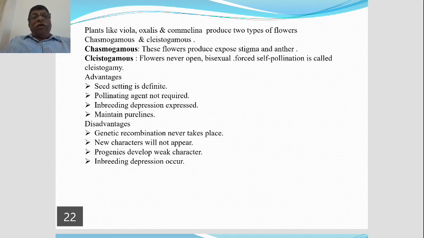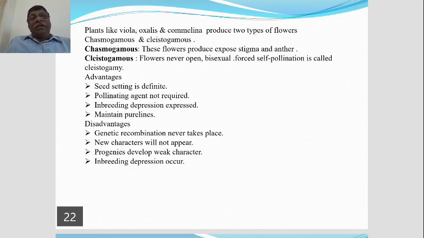So what are the advantages of self-pollination? See, nature always prefers cross-pollination and tries to suppress self-pollination.